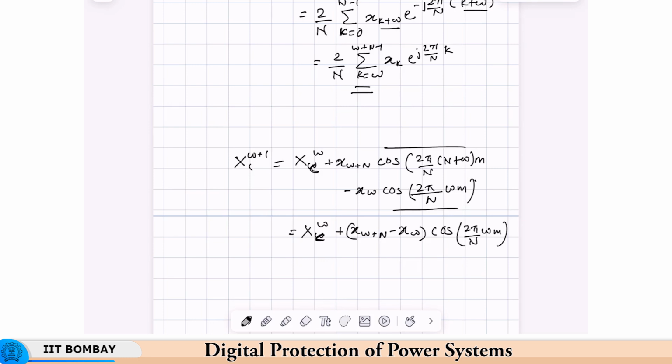So, now in case your phasor is stationary, that means this sample is the same as this sample, then you will get x c of w plus 1, which is what you would expect, because if your phasor is stationary, it is unchanging. In case it is changing, because then why compute in the moving window format if it is stationary? You do not need to compute it at all. You can just do one computation and you are done.